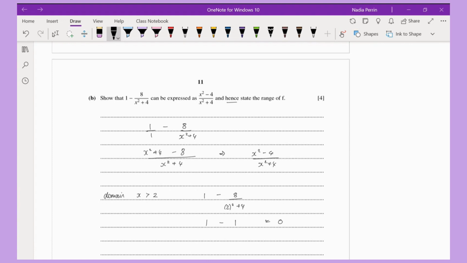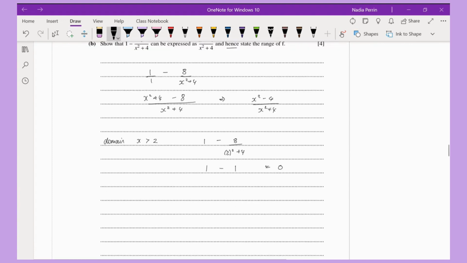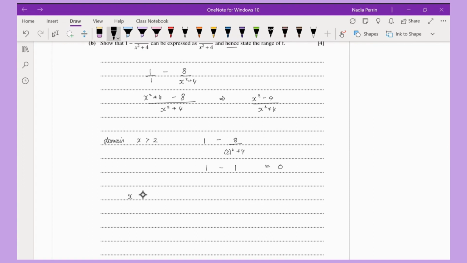If you think of the domain as x is greater than 2, let's also consider what happens when x approaches infinity, because if x is greater than 2, it goes from 2 all the way up to infinity. So when x approaches infinity, infinity squared plus 4 is still going to be infinity. So what we have here is 8 divided by the biggest number in the universe.